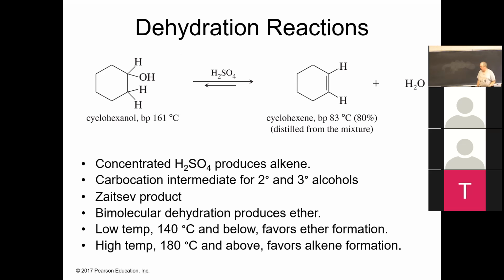In addition to sulfuric or phosphoric acid, another way to carry out a dehydration is with phosphorus oxychloride, POCl3, and pyridine.